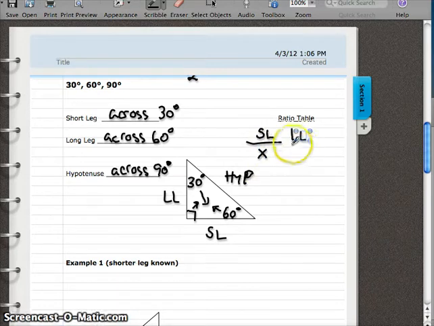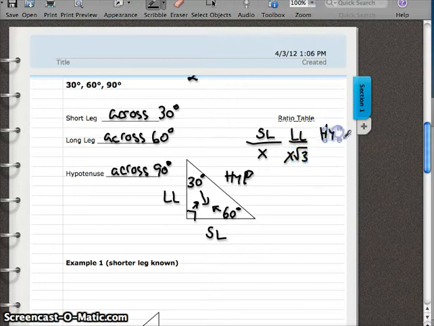The long leg is going to be whatever this value is at the front of the square root of 3 now. So just like in our 45, 45, 90, the leg was attached to the square root of 2 for the hypotenuse. In this case, in our 30, 60, 90 triangles, the length of the short leg is going to be that value in front of the square root of 3.